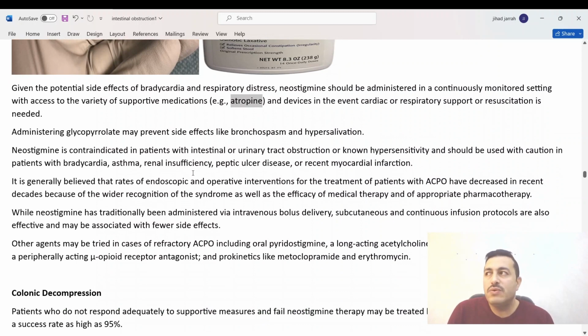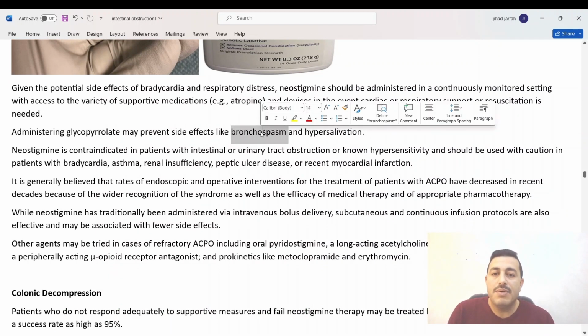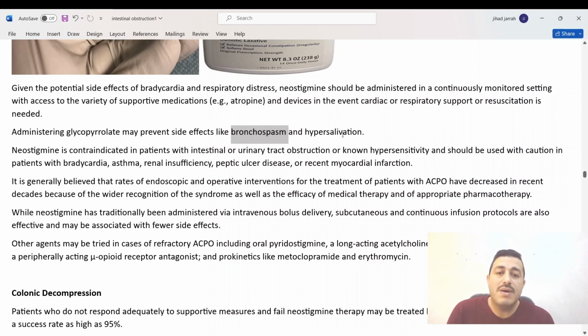Some of these side effects we can override. For example, among the side effects we have bronchospasm and hypersalivation. We can give glycopyrrolate concomitantly with neostigmine to prevent bronchospasm and hypersalivation. Of course, it's contraindicated when there is mechanical obstruction.